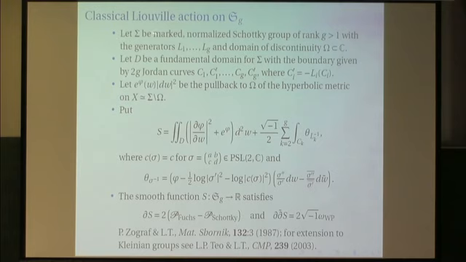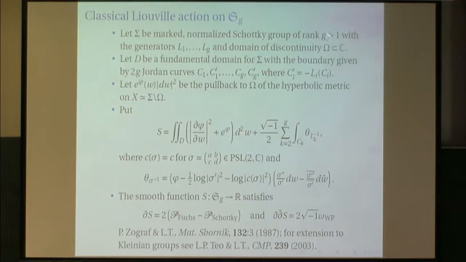And then, if you're given a marked Schottky group, it has a fundamental domain which can always be chosen such that the boundary consists of 2G Jordan curves which are identified pairwise. Minus means negative orientation, and so for each marked group you have this choice of fundamental domain.